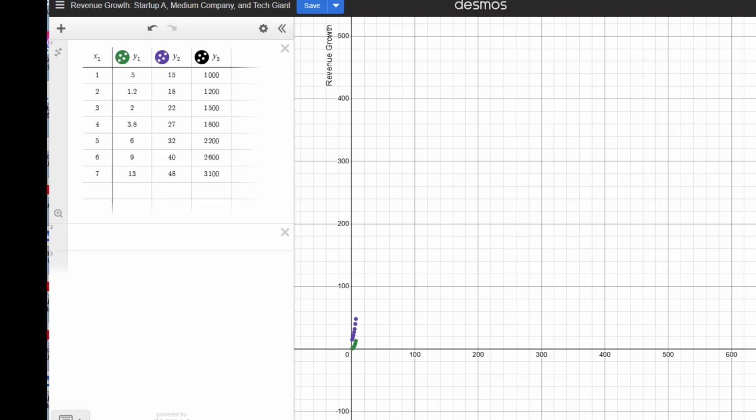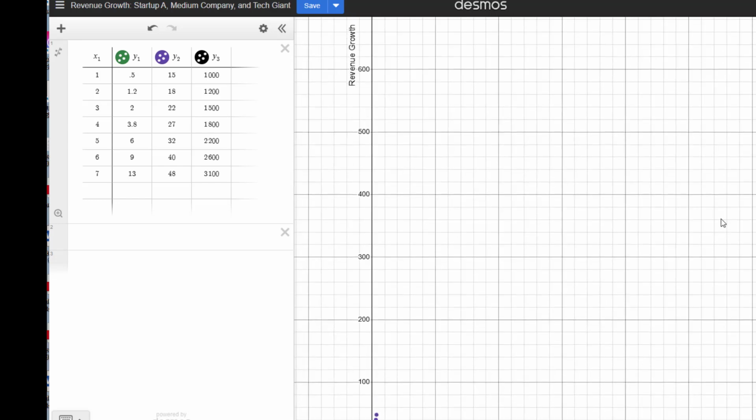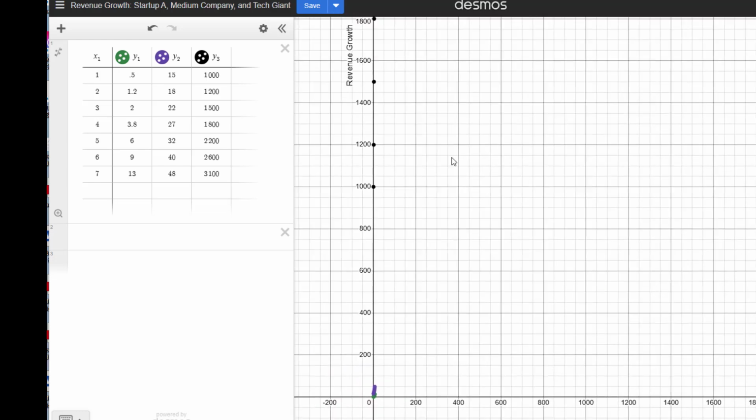As we expand to try to find tech giant on this linear scale, our ability to distinguish what's happening with startup and medium company, the clarity of that image, is getting smaller and smaller and smaller. Eventually, as we keep trying, there's finally our first data point, 1,000 for tech giant, and then 1,200, 1,300.